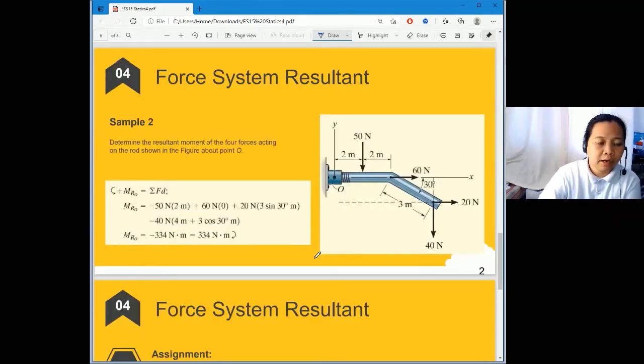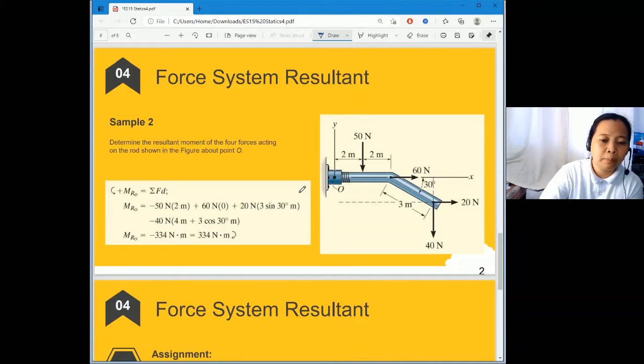Next, this is a force system because we have 1, 2, 3, 4 forces applied on this system, and we are tasked to find the resultant at point O. Determine the resultant of the 4 forces acting on the rod shown in the figure about point O. So we have to take the summation of all moments at point O. Take note of our sign convention: positive is counterclockwise.